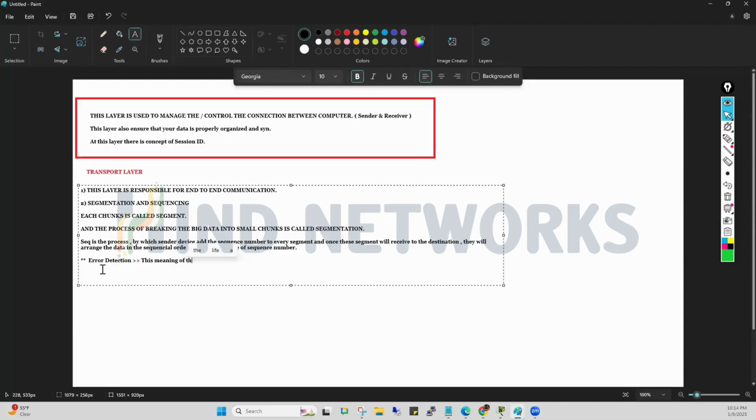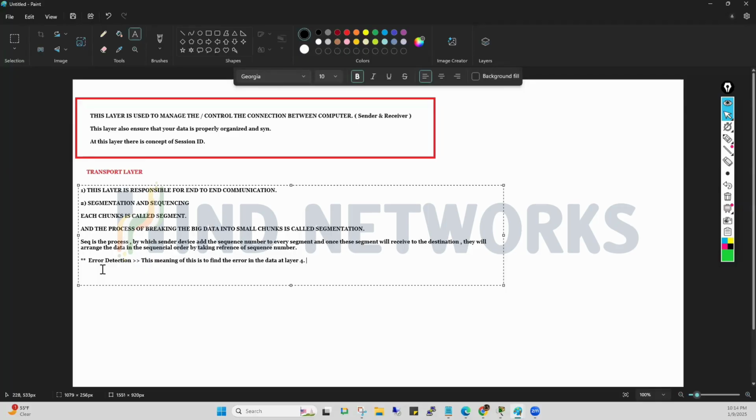The meaning of this is to find the error in the data at layer number 4. So at layer number 4, if you are sending any data or receiving any data, the transport layer is responsible to check the data. Getting my point? That is called error detection.